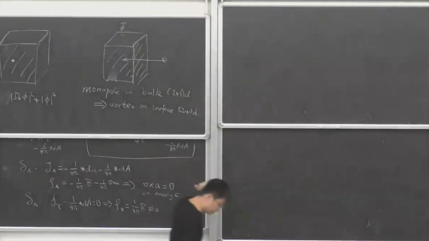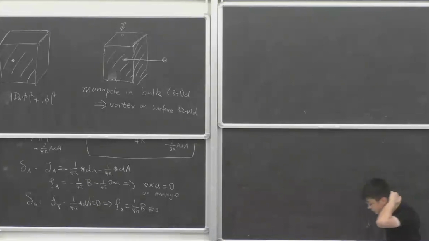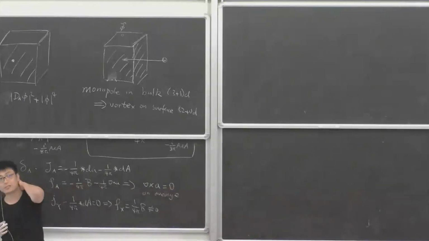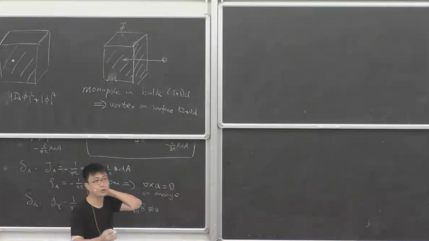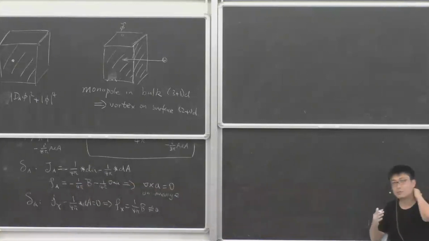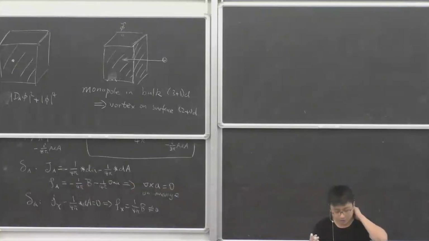So this strongly suggests that the boson vortex duality I was talking about is really the surface manifestation of the bulk electric magnetic duality. It's the statement really that I can formulate my bulk U1 gauge theory either as a U1 gauge field coupled to charge, or the dual U1 gauge field coupled to the monopole.